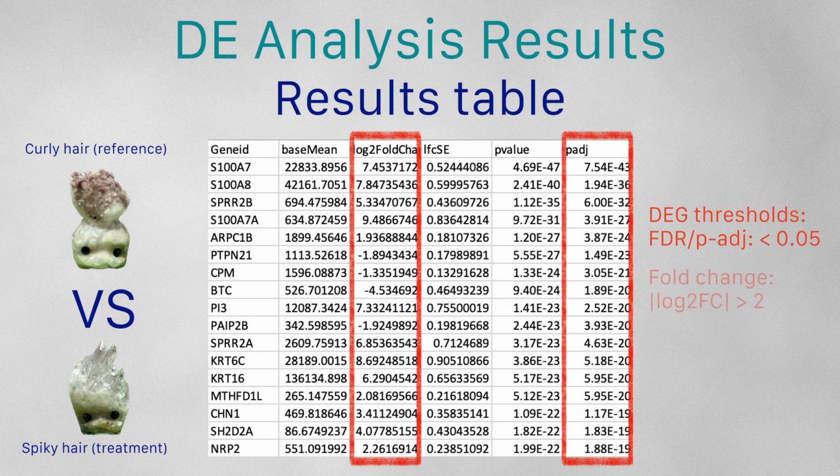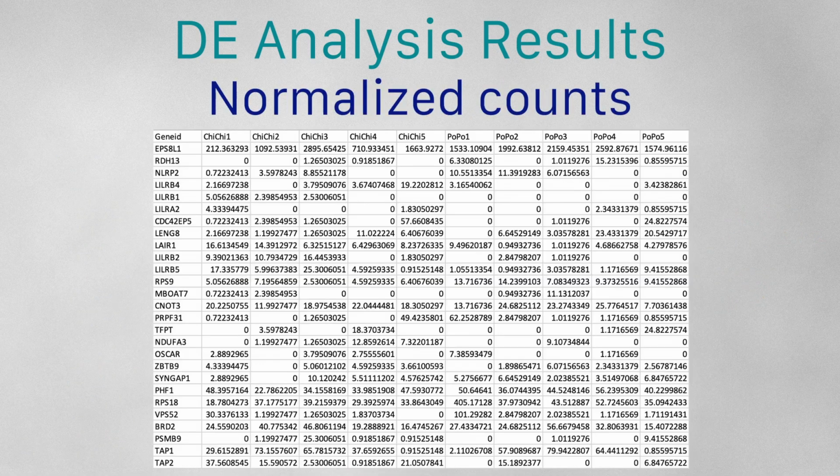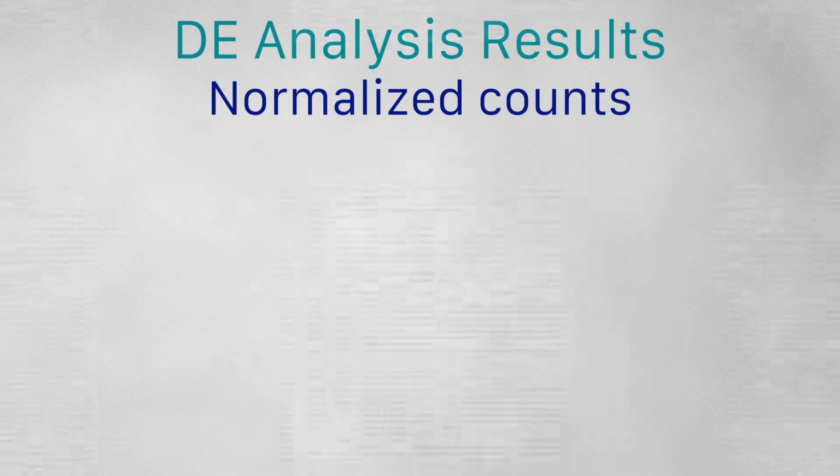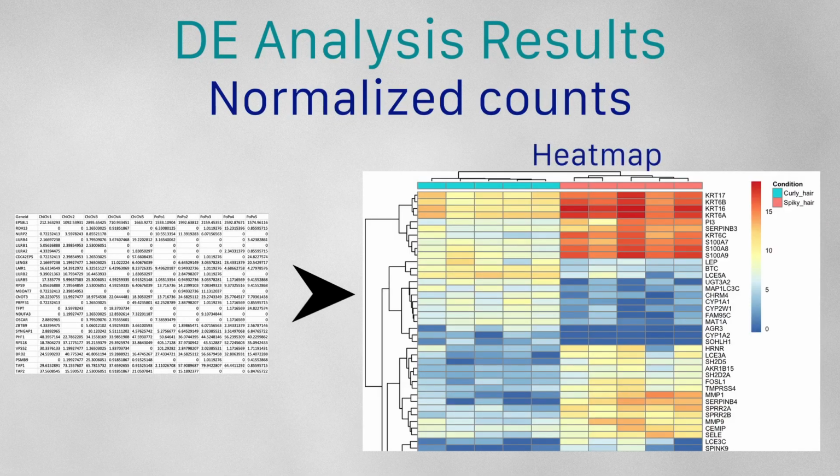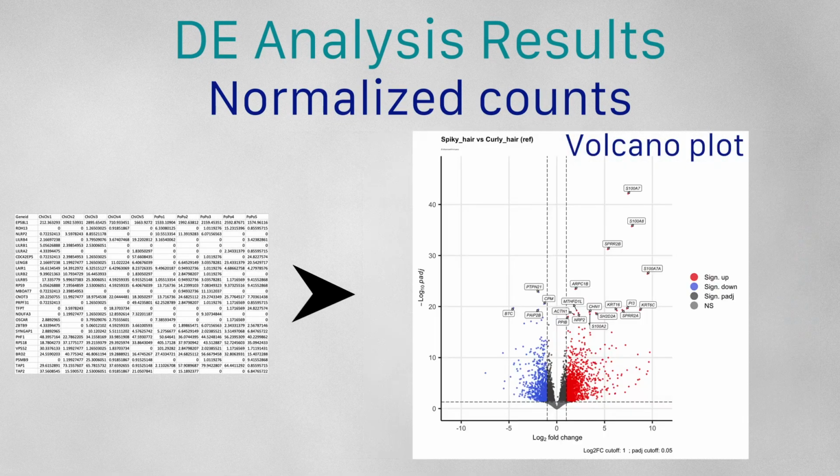Usually, we use an absolute log2 fold change of greater than 2 for most applications. Next is the normalized counts file. This counts file can be used by other visualization tools such as heat maps and volcano plots to get an initial impression of individual gene expression for selected genes.